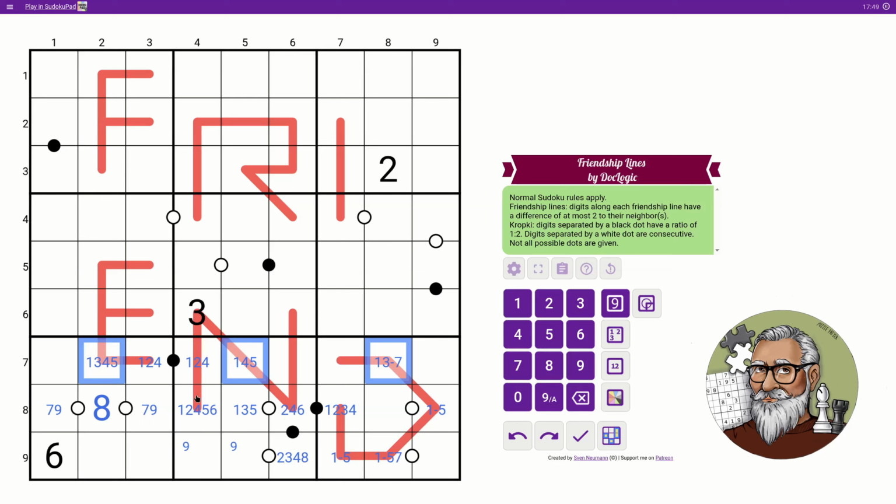Oh, we do now have 7, 8, and 9 to fit in these, right? Right, but we can't have 7 here, can we? Well, we can with the 8, though. I'm trying to think, this can't be 8 anymore.